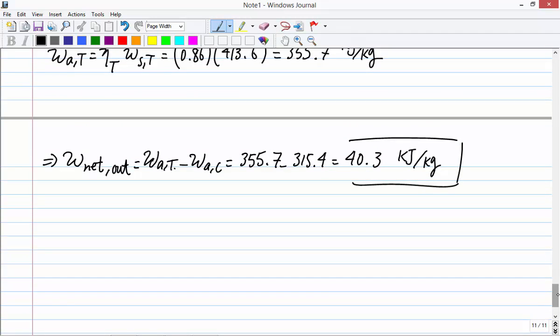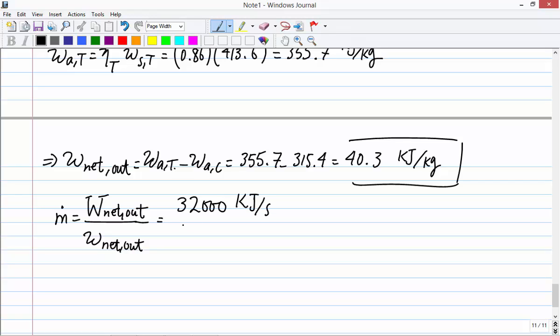And I'm looking for m dot. It was like 1 hour ago. It's W net out divided by little w net out. The total power is 32 megawatts, which is 32,000 kilojoule per second, and this cycle produces this much energy per 1 kilogram.